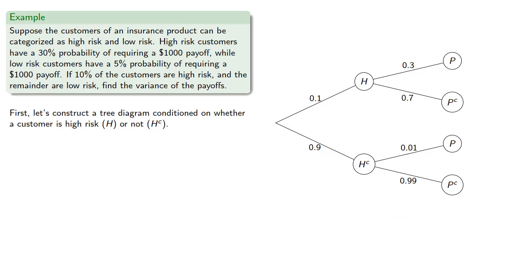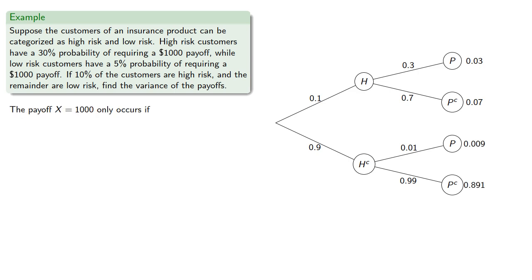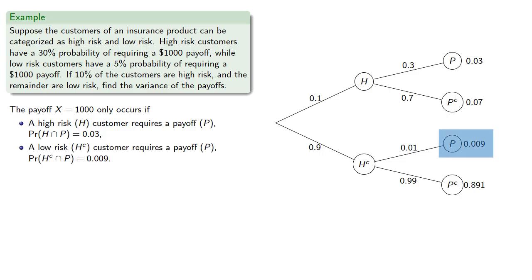And so we can extend to find our probabilities. The payoff occurs only if a high-risk customer requires a payoff, and that has probability 0.03, and a low-risk customer requires a payoff, which has probability 0.009.